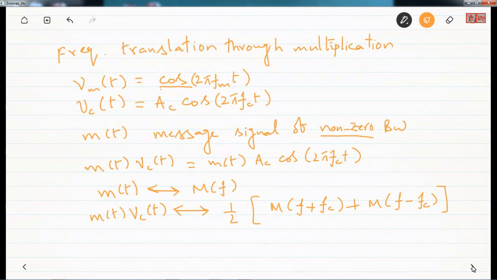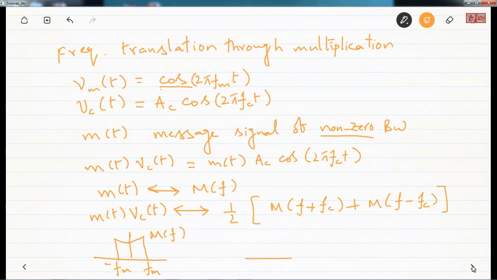So through multiplication, we showed mathematically that we can translate a signal into another region in the spectrum. If you recall the diagram, say this is some M of f, and this is fm. The bandwidth is fm.